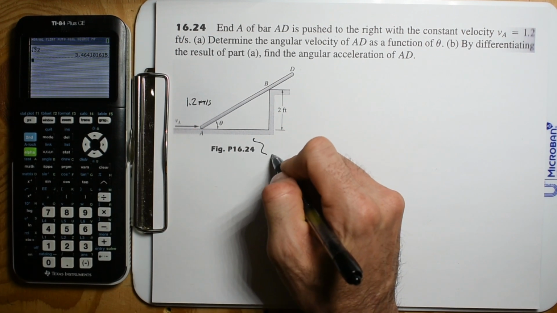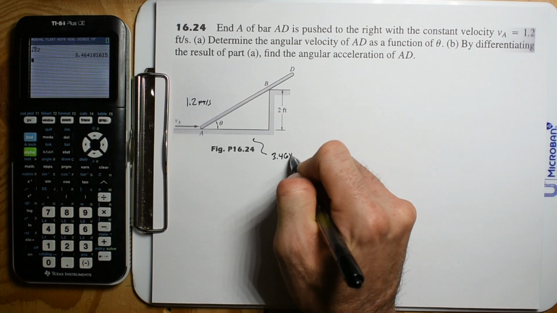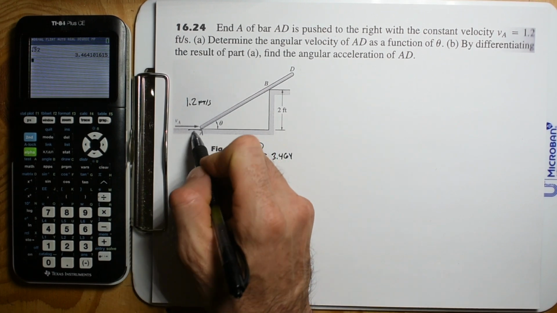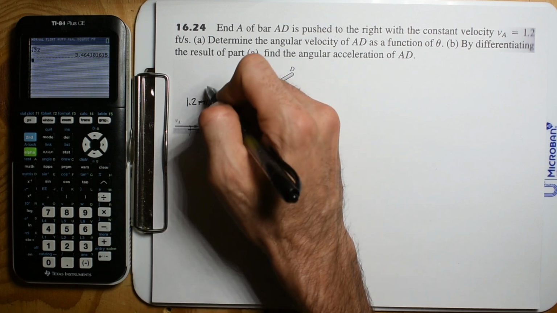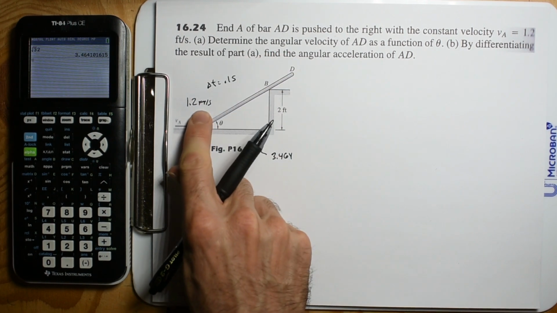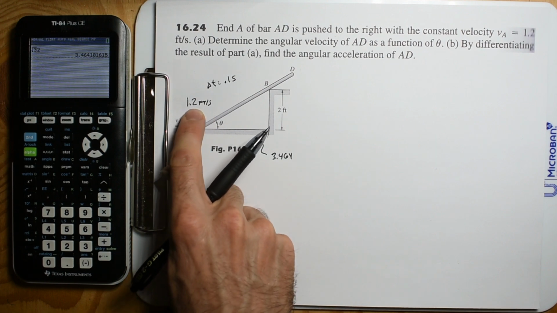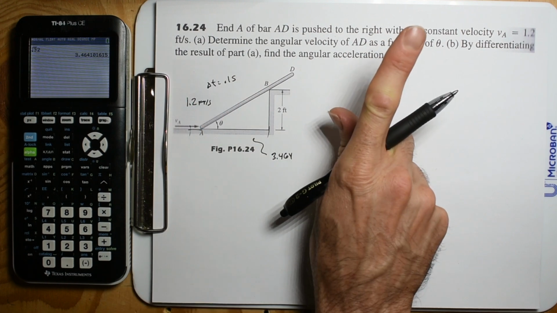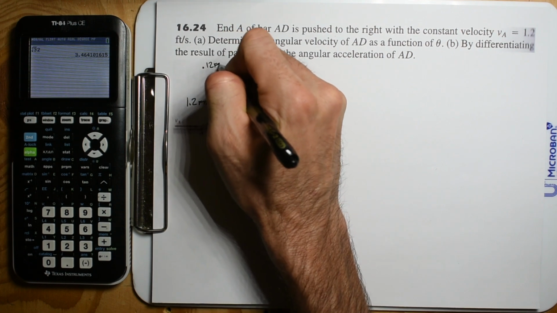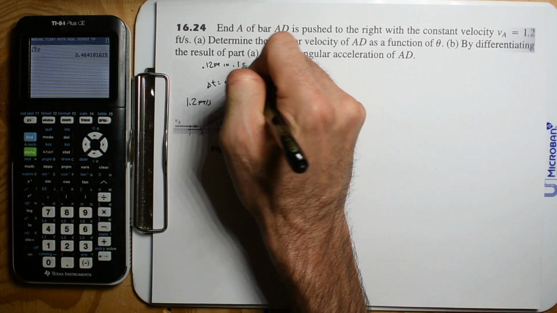So this length right here is 3.464. We're still going to be working in decimals. If I go this direction, this length increases. And if we have a change in time of 1/10 of a second, hey, we're traveling 1.2 feet in 1 second. See, this is the stuff you can do mentally. I'm going to travel 0.12 feet in 1/10 of a second.